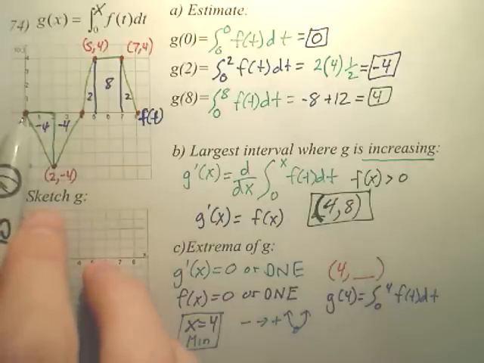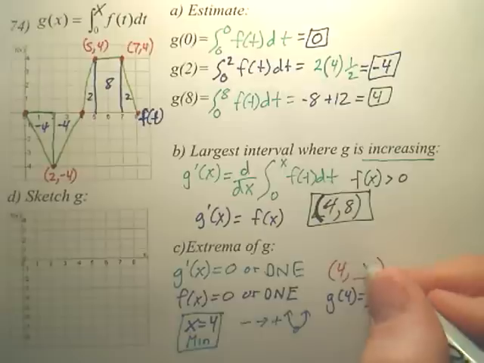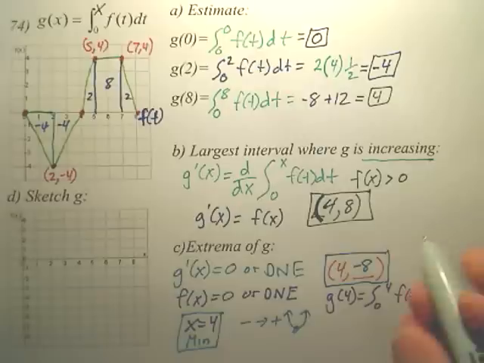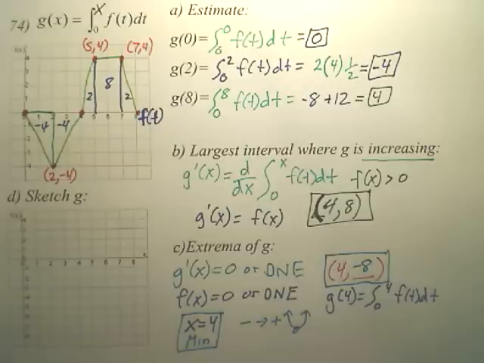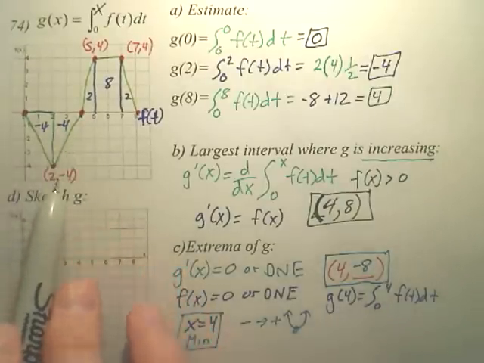So what's the area from here to 4? Well, what's negative 4 plus negative 4? It's negative 8. This is where it's at, and it's a minimum. This is the actual coordinate of the minimum. So this is your extrema. This is where it's at.